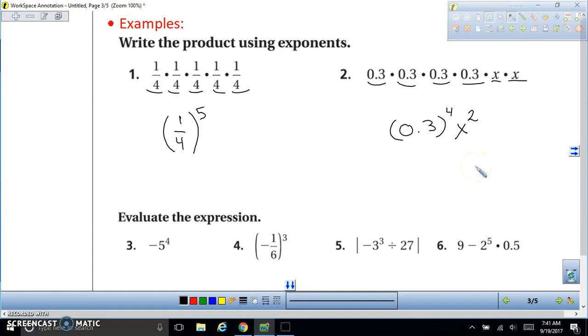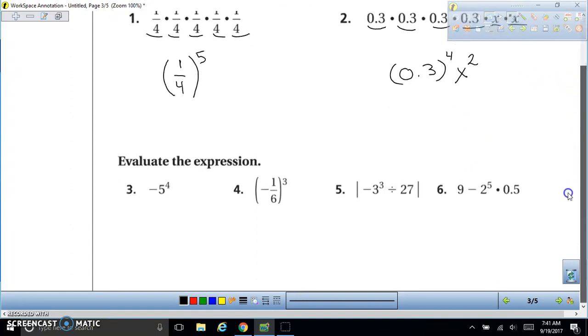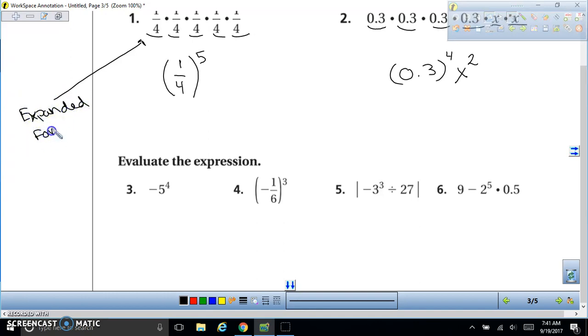Let's talk about how we can evaluate them. All right. Up here, this one is called expanded form. Expanded form. And this is power form. This is your power. When we're evaluating a power, we're going to expand it to see what's going on. So for example 3, do you guys see how this 5 doesn't have parentheses around it?